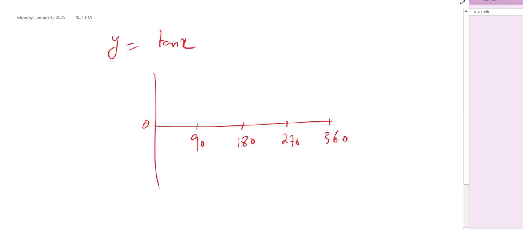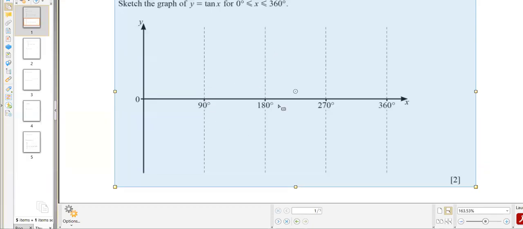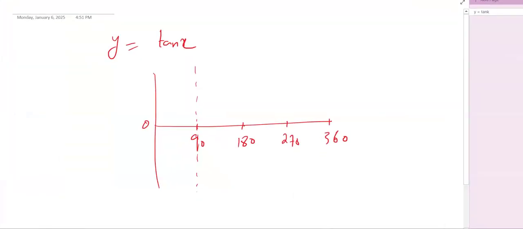Now we know these points, 90 and 270, like just here you can see 90, 180, 270, and 360. These are the asymptotes. Okay, these we say are the asymptotes for this. So you will sketch for them.